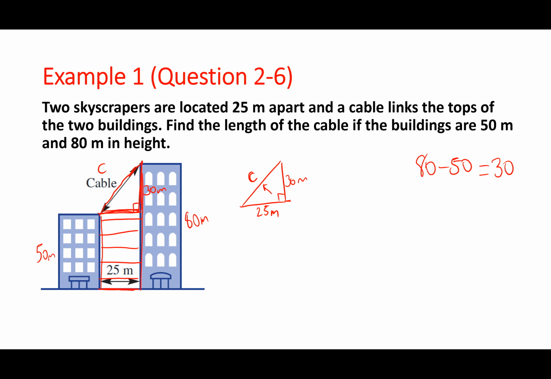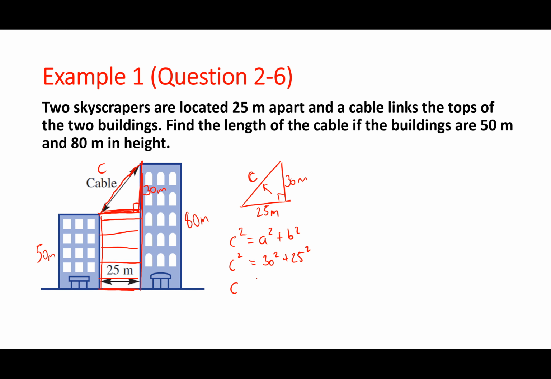So what we can do now is solve for the length of the cable by using Pythagoras' theorem. We're going to start off by writing our formula out. C squared is equal to A squared plus B squared. It's very convenient that my C is equal to C in this one, so I can just put it straight in. The hypotenuse is equal to C. So C squared is equal to, the two other sides in this case being 30 squared plus 25 squared.